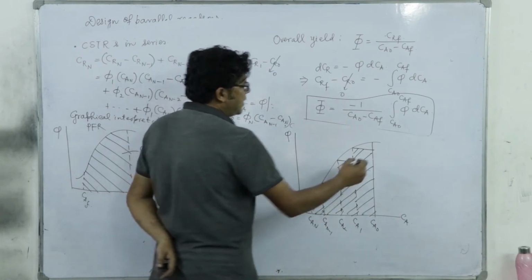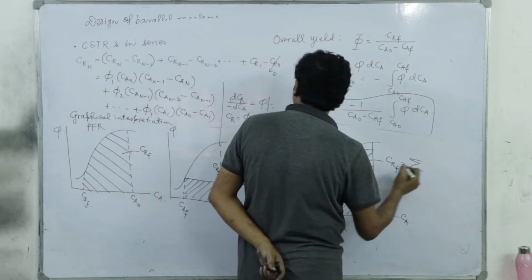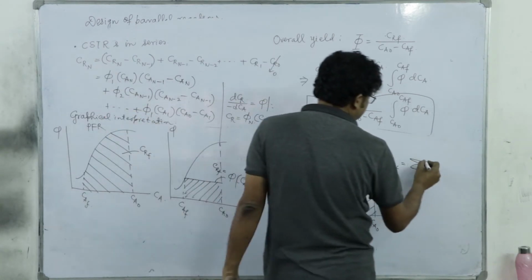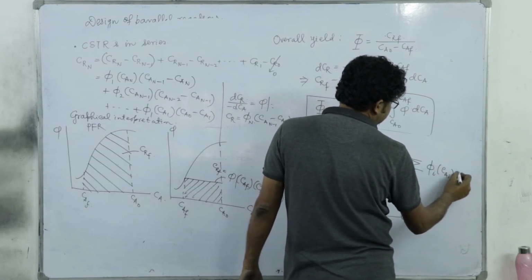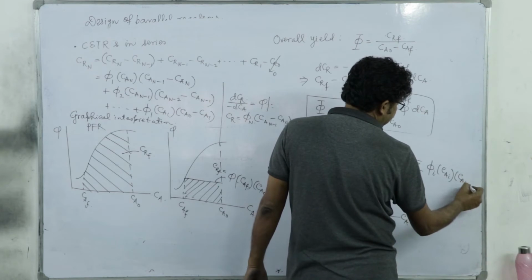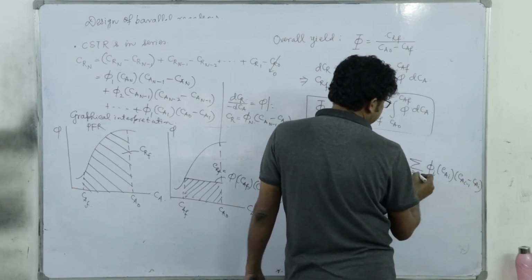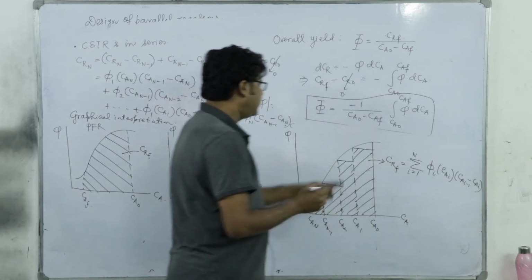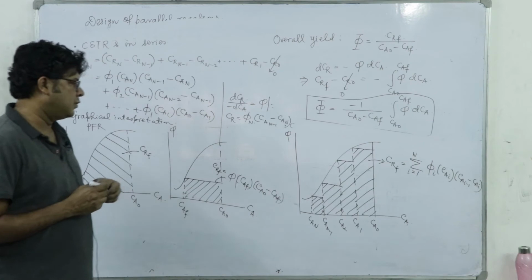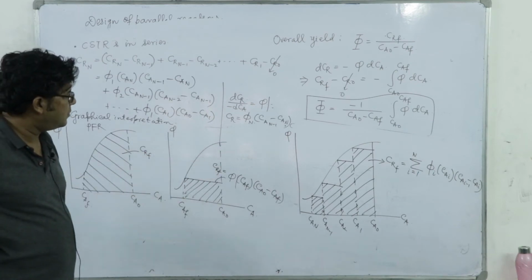So that's equal to CRF, which is summation of phi I at CAI into CAI minus 1 minus CAI, with I equal to 1 to n. So you see, this gives you a similitude that infinite number of CSTRs is also equal to a PFR.